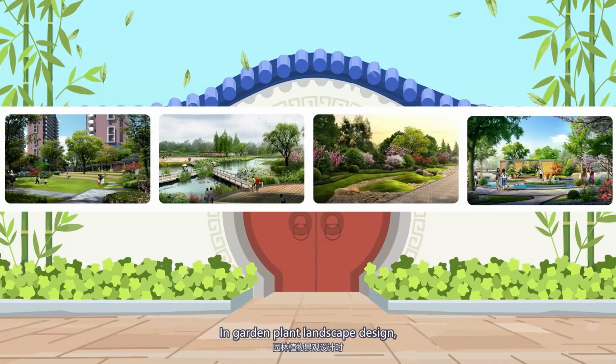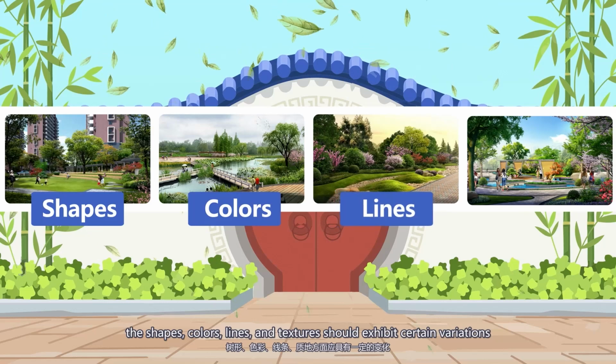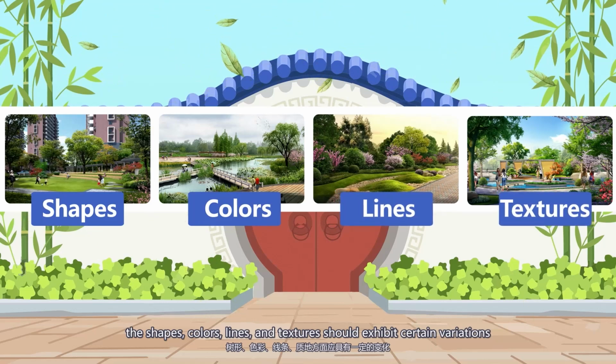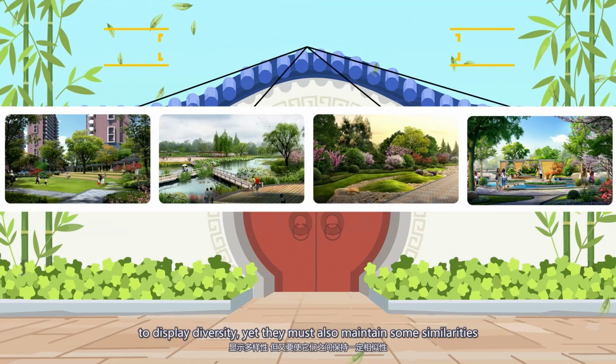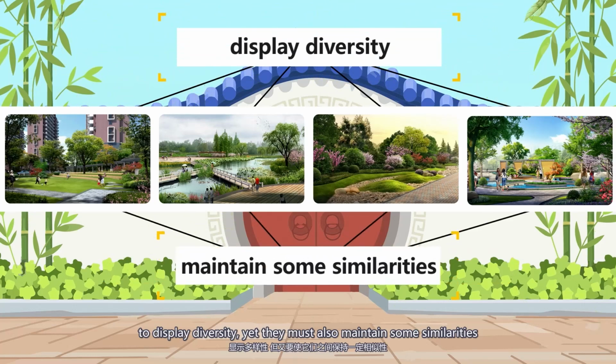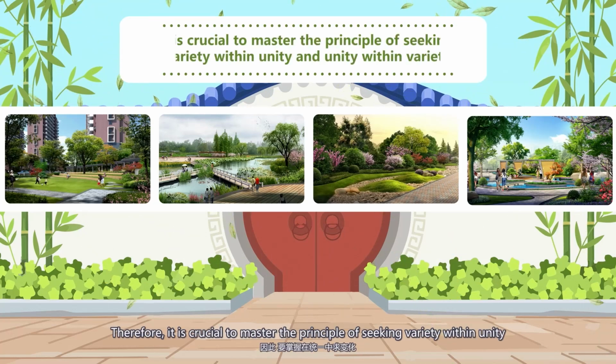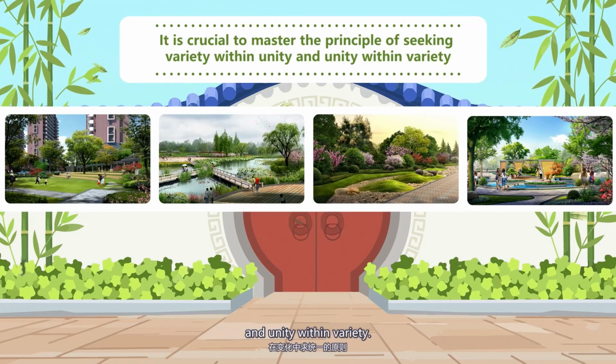In garden plant landscape design, the shapes, colors, lines, and textures should exhibit certain variations to display diversity, yet they must also maintain some similarities to evoke a sense of unity. Therefore, it is crucial to master the principle of seeking variety within unity and unity within variety.